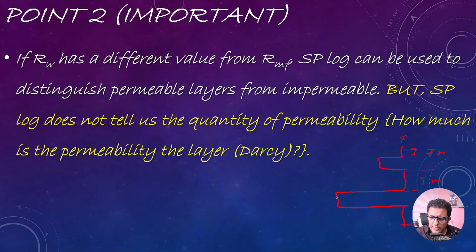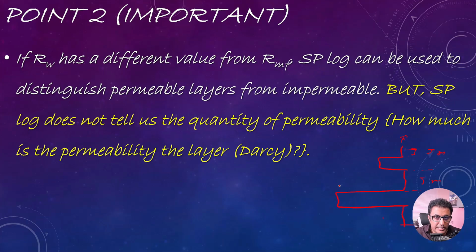As you see, the second layer is more deviated to the left compared to the first layer, but the fact that the deviation is higher doesn't mean that the second layer is more permeable. It can be related to the difference in the salinity of the formation. So whenever we see more deviation, we may interpret it as the formation water being more saline compared to another formation.